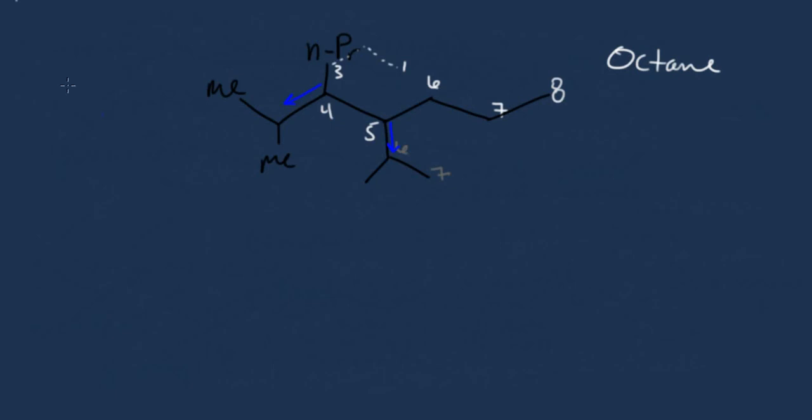So we have 2 isopropyl groups, one at 4 and the other one at 5. Now we can finally name this. We have our first isopropyl at 4, our second one's at 5, and there's 2 of them, so we're going to give it the prefix di, and then isopropyl octane.